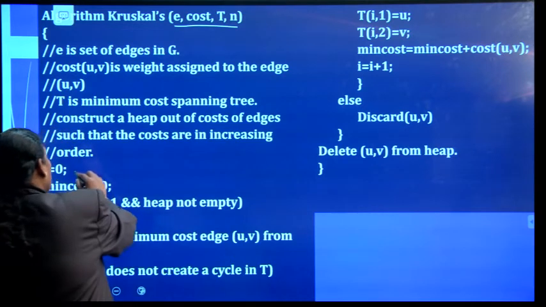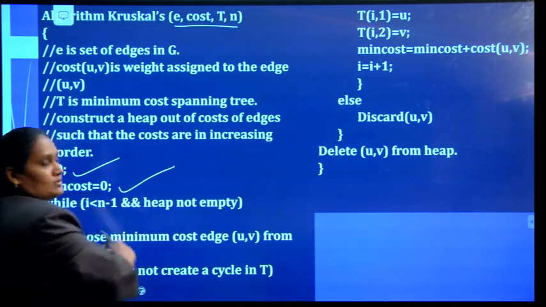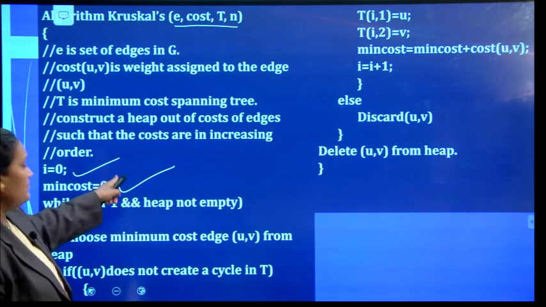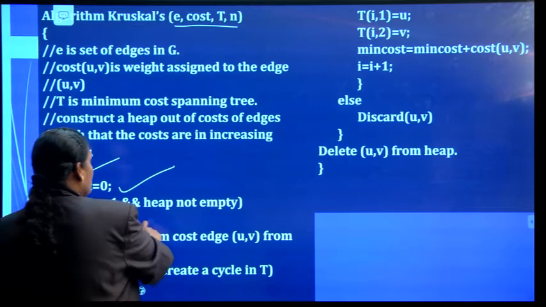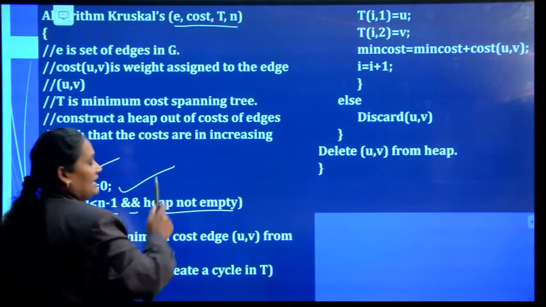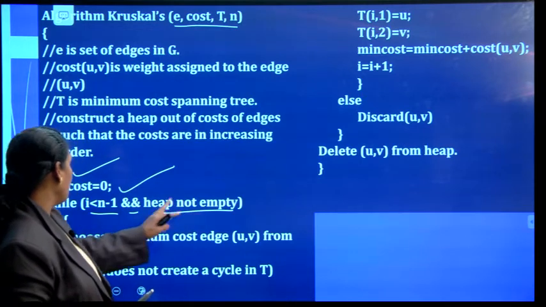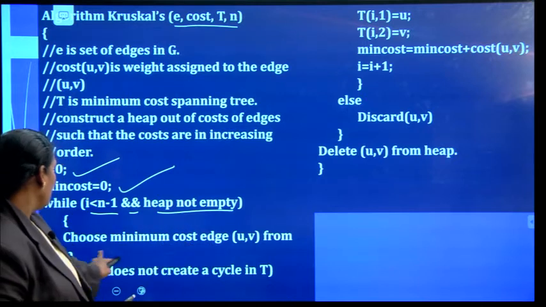Now initially we take I as 0 and minimum cost as 0. While I is less than n minus 1 and the heap is not empty, choose a minimum cost edge U comma V from the heap.